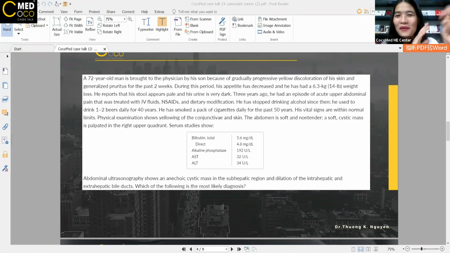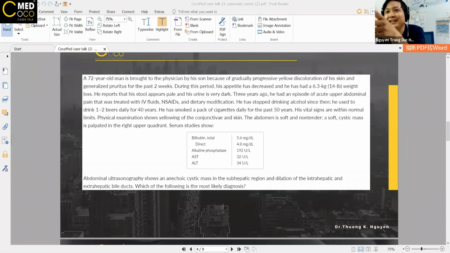Right colon. Okay, but here we see an anechoic subhepatic cystic mass. What is the first thing in your mind now? I think the cystic mass, for this reason I think about the gallbladder.